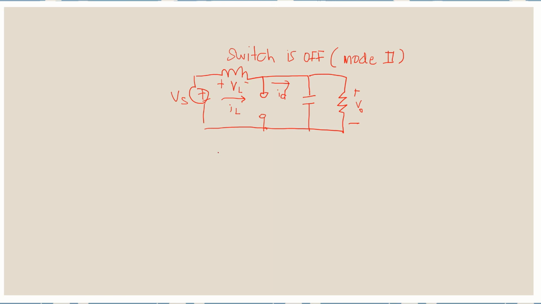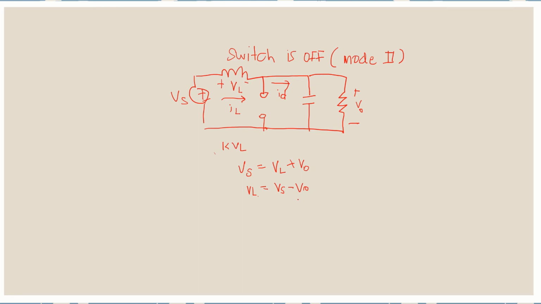From the loop, we derive the KVL again. This time Vs equals VL plus V out. So if I want it in terms of VL, it becomes Vs minus V out.